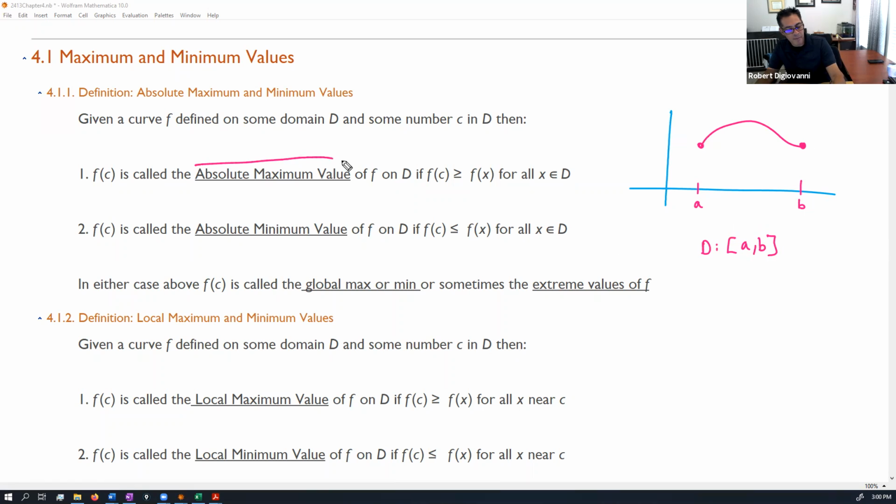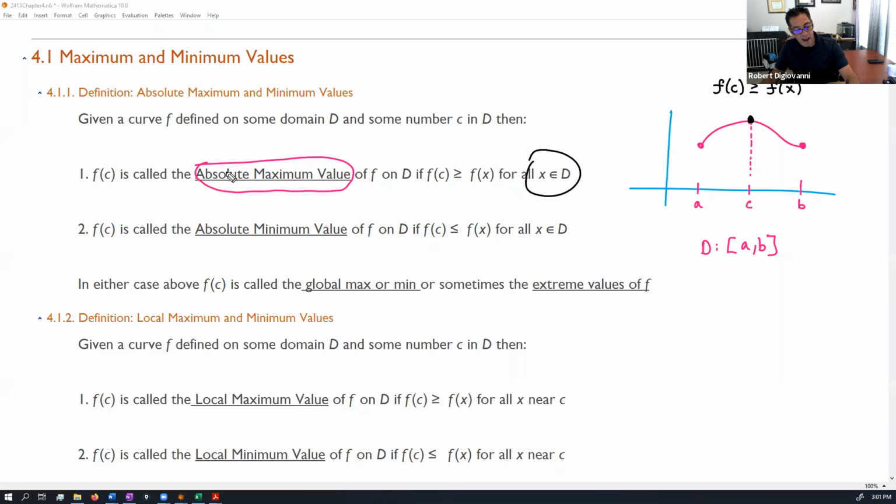To say that you have found a maximum value means that if you go to some value c, go up there to that point on the graph, then the value of the function at c must be greater than or equal to f of x for all the other x that are in D. In other words, this point is the highest point out of all points within that domain. So it's king of the mountain, right? Highest point on the graph. That's what it means to say you have an absolute maximum.